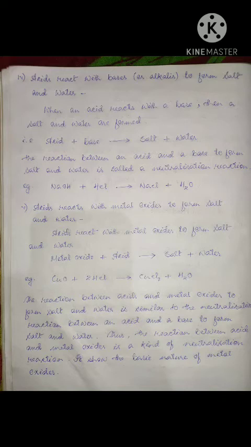The reaction between acids and metal oxide to form salt and water is similar to the neutralization reaction between an acid and a base to form salt and water. Thus, the reaction between acids and metal oxide is a kind of neutralization reaction. It shows the basic nature of metal oxides.